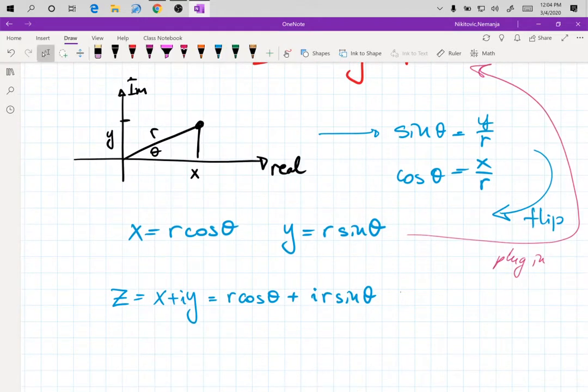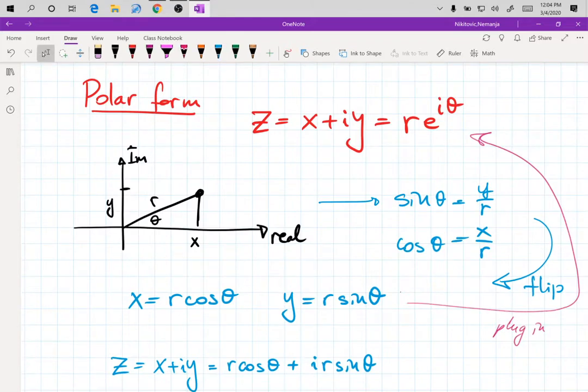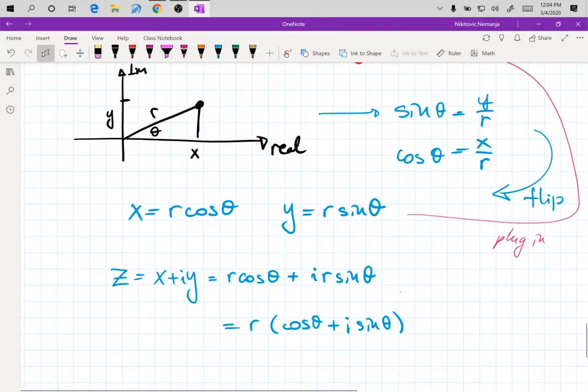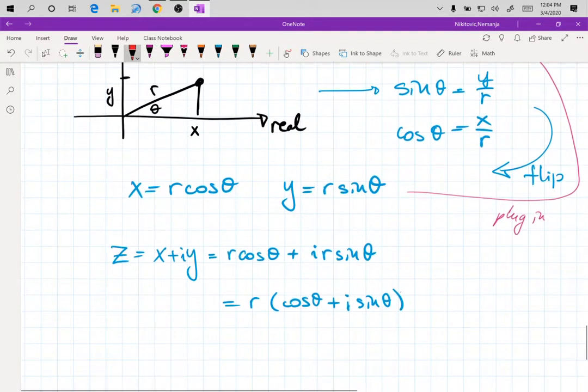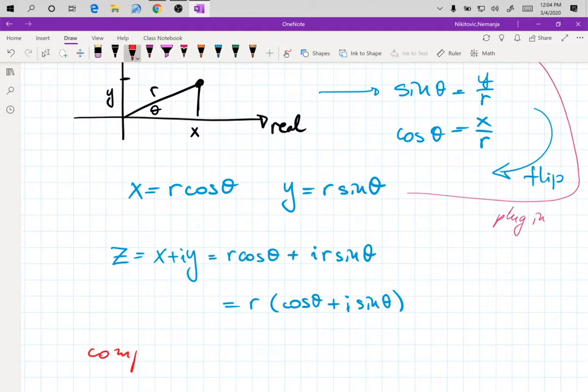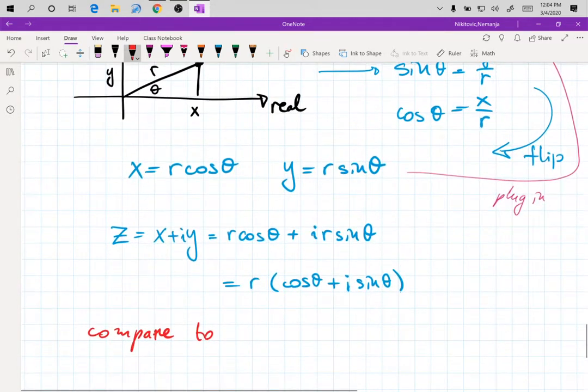And you can see that you can kick out this r to get cosine theta plus i sine theta. And now I'll write in red, compared to r e to the i theta.